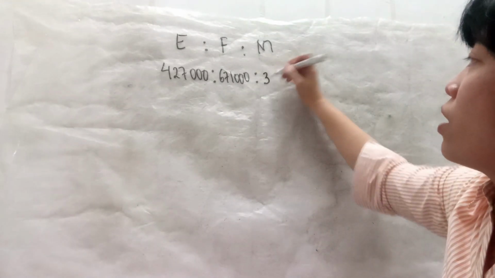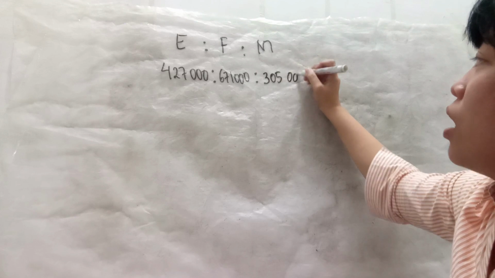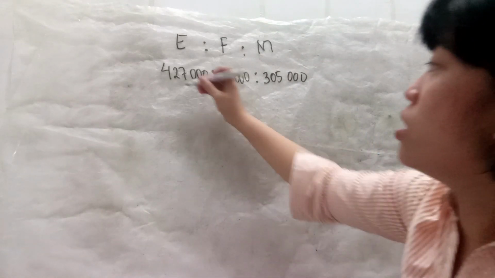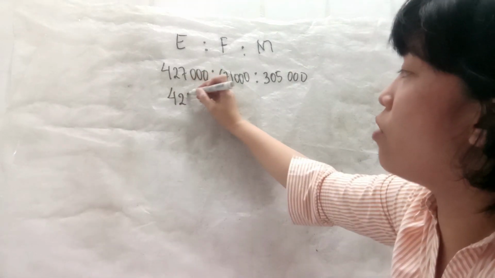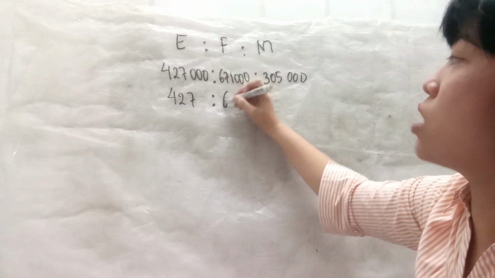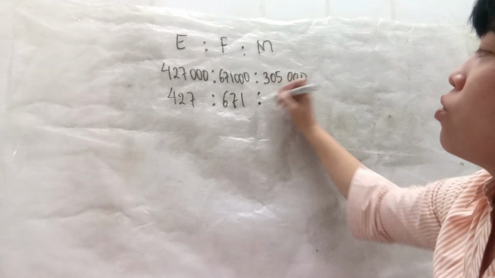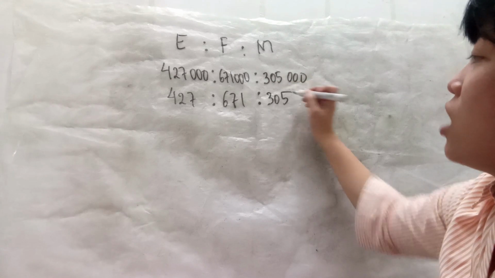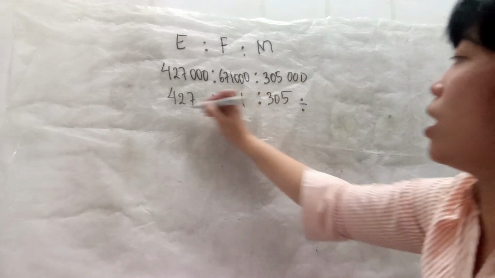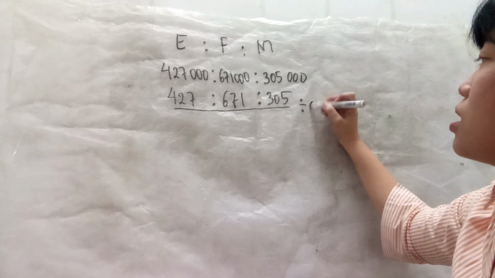Michael, $305,000. Let's make it more simple first. So here will become 427 to 671 to 305. Then later you will divide this all by 61.